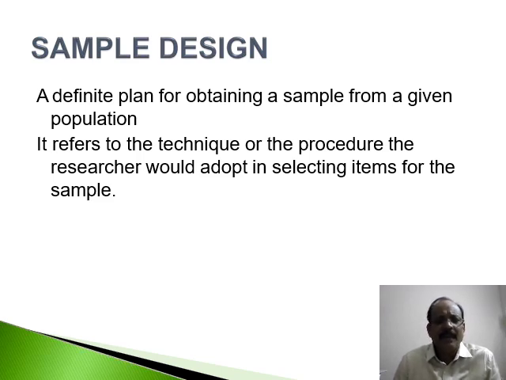You remember that a population may be finite or infinite. For example, the number of cars manufactured by Maruti or any company is normally countable. But the safety pins manufactured by a particular company cannot be counted; they can only be weighed. So the population may be finite or infinite.